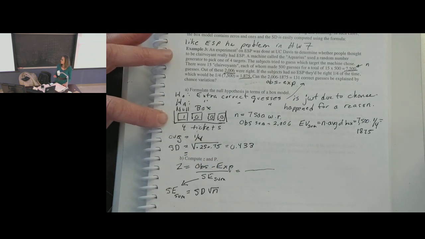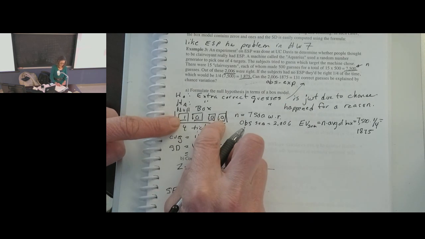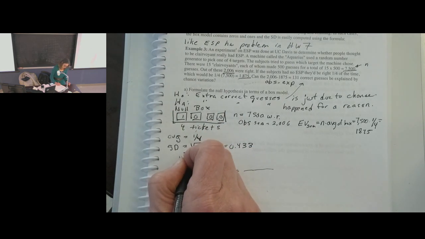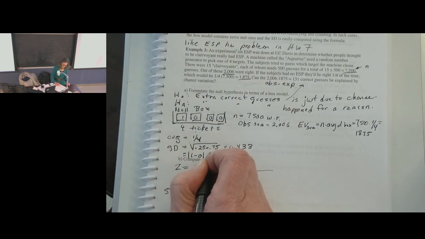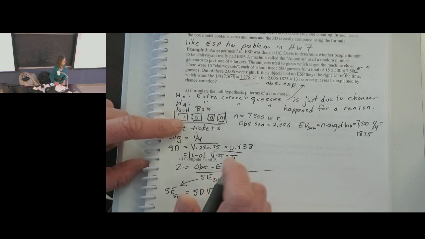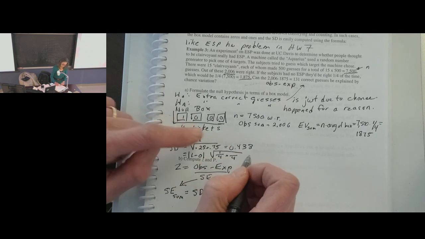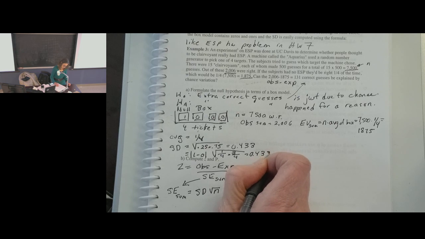It's a special case of our shortcut, where we take the biggest number on the ticket minus the smallest, or just the absolute value of that difference, 1 minus 0, times the square root of the fraction. There's 4 tickets in there. The fraction that have one of the numbers on them, that's 1 times 3. And that's the same thing. So either way. Okay? So now we've got that.